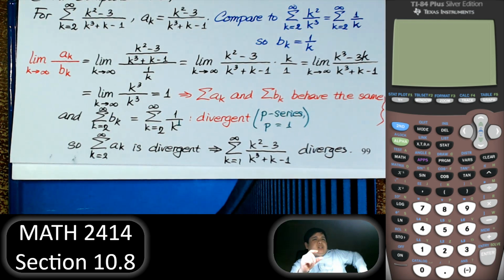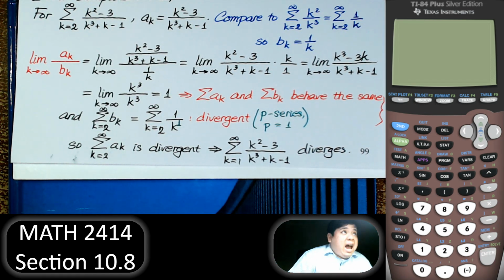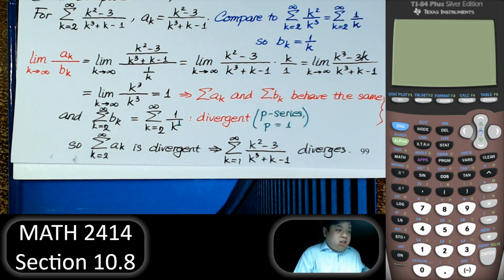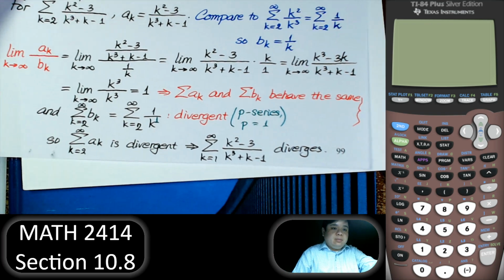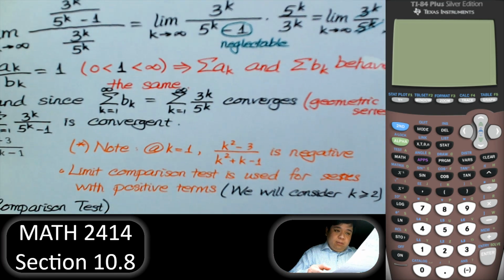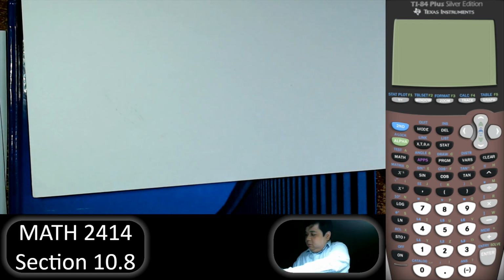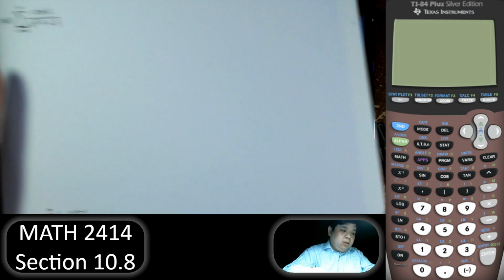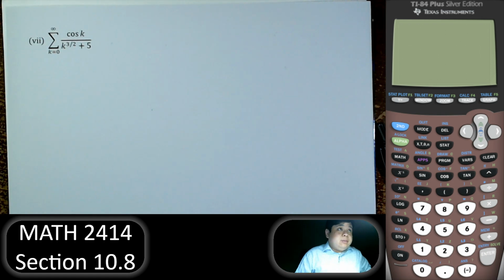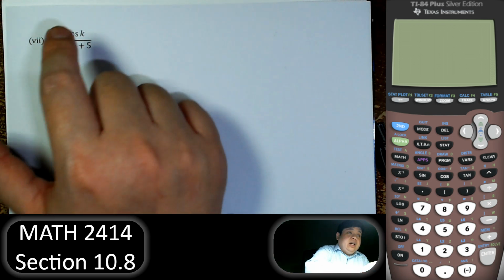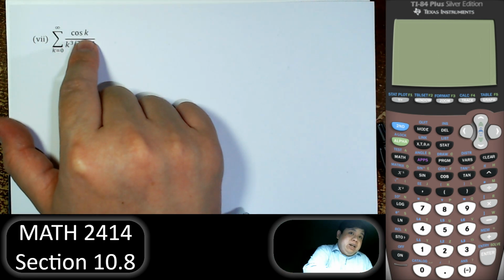So we have to make some minor adjustment, but after all, it's still a limit comparison test. The next one is still a limit comparison test as well, because we have more than one term. However, we need to make some adjustment because cosine of k can potentially be negative.